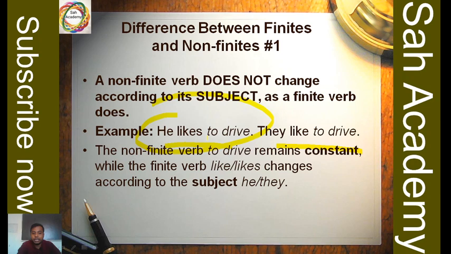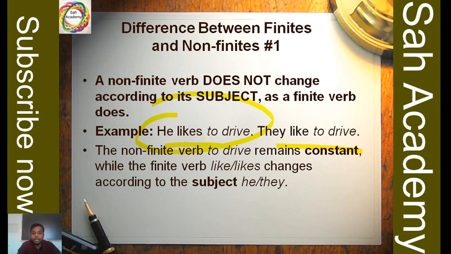Now comes the second difference. Non-finite verbs are not affected by tense changes; finite verbs are. Example: they like to drive, they liked to drive. The finite verb shows two different forms, like or liked, for simple present and simple past tense.